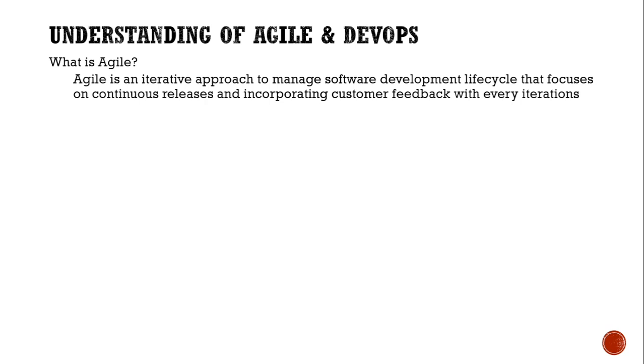Okay, so in this case, iterative approach means we have different phases, as we see in the SDLC. In this agile methodology also, we have requirements, design, develop, code, testing, and deploy. Okay, and also it is mainly focused on continuous releases.